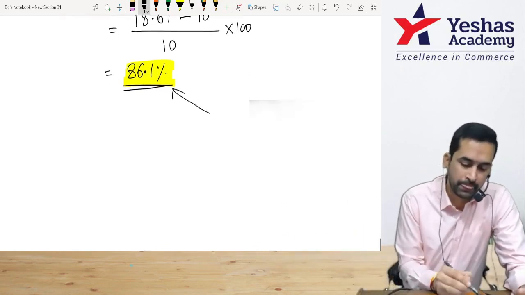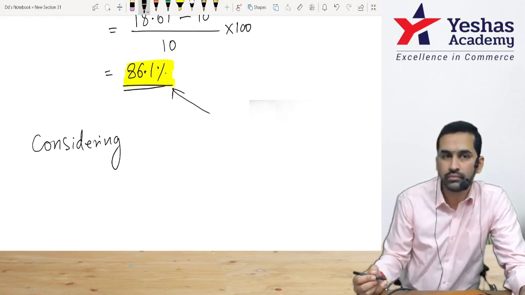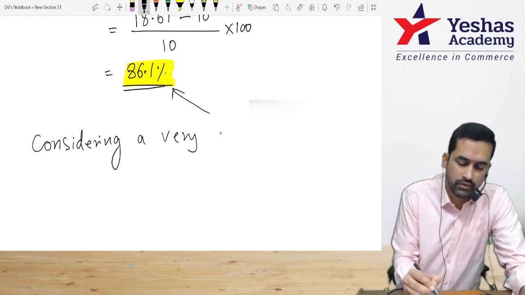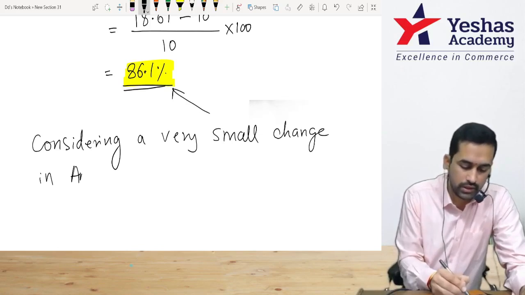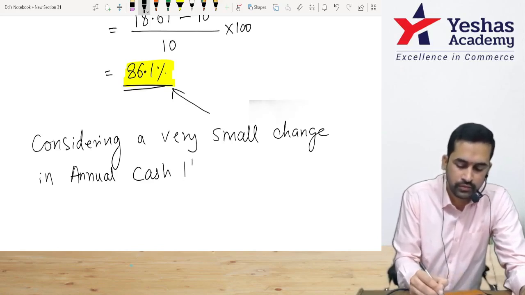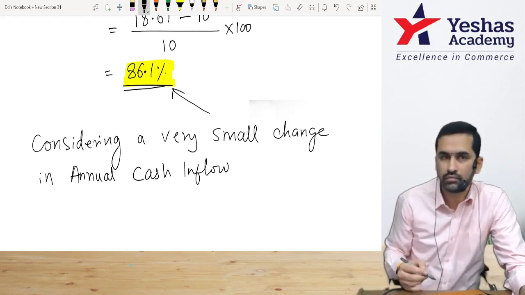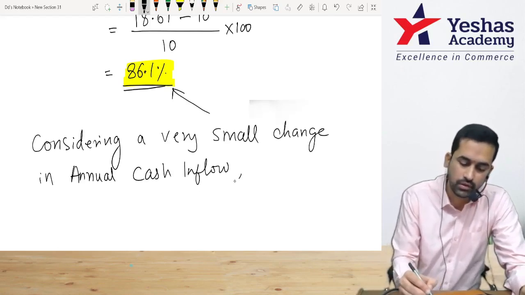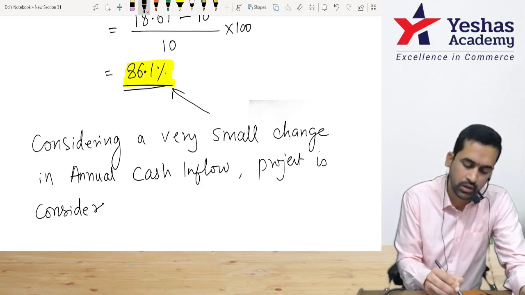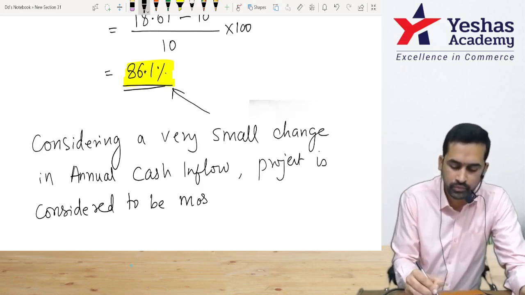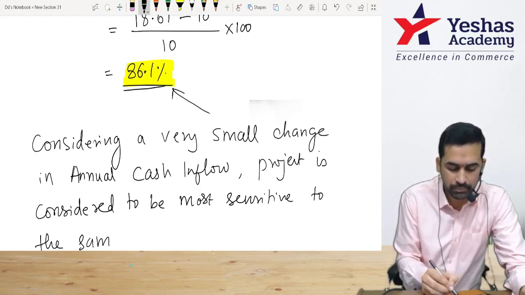Yeah, start now. Considering a very small change in annual cash inflow, comma, project is considered to be most sensitive to the same.